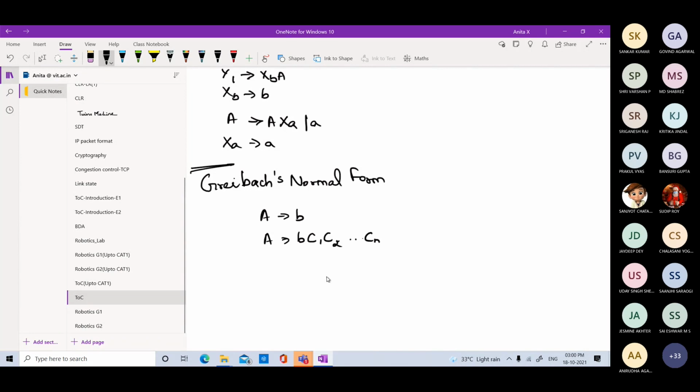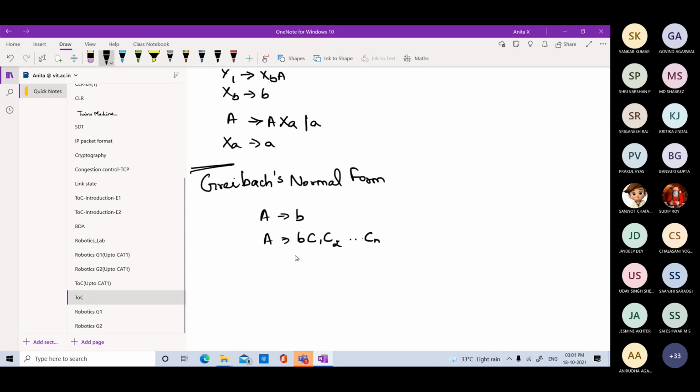From the exam point of view, you will be given a grammar in CNF, and you have to convert it into Greibach normal form. In general, I first simplify, then convert to CNF, and then to Greibach normal form.